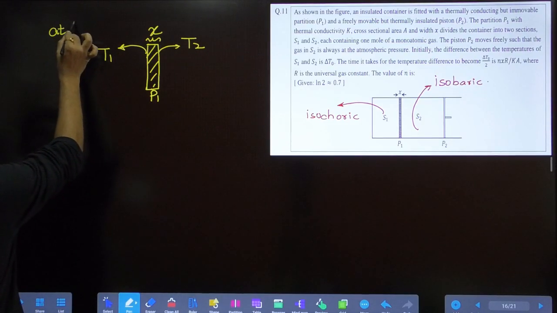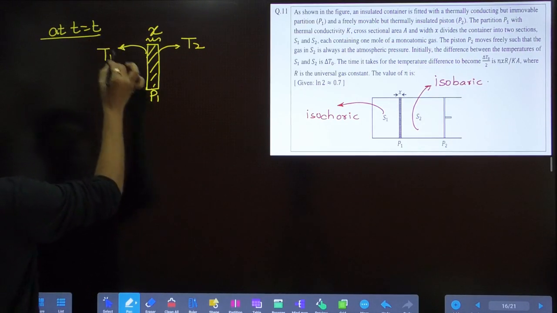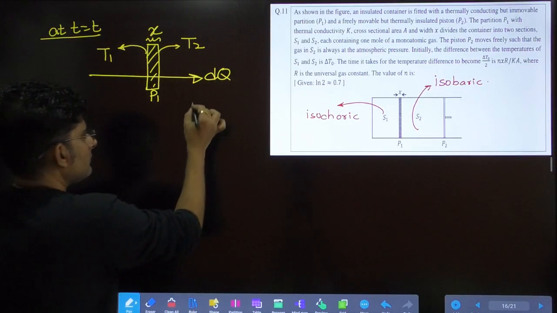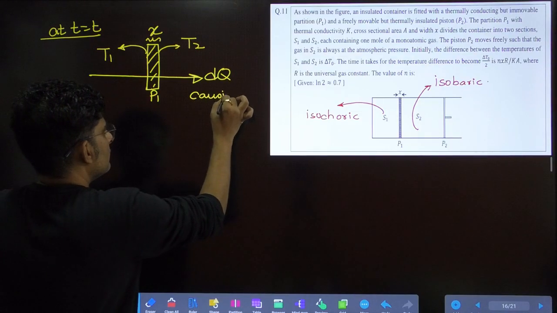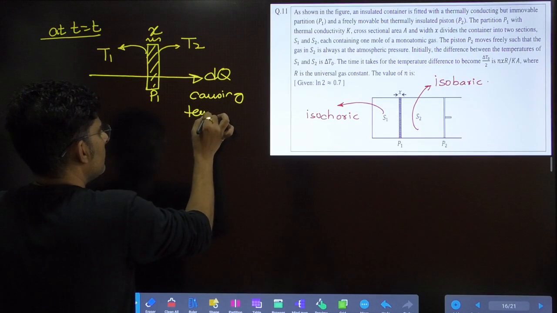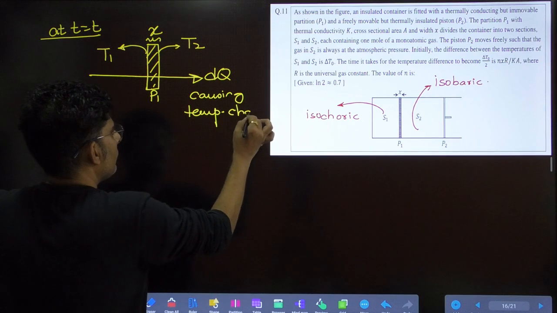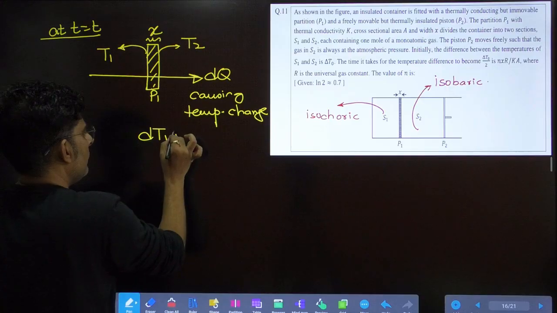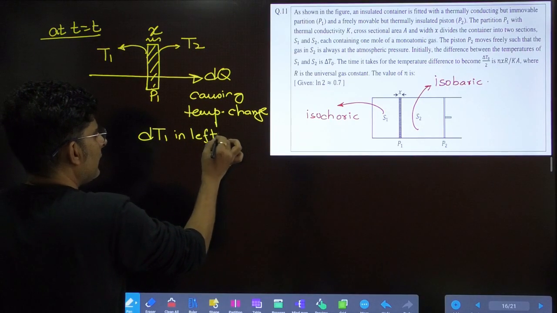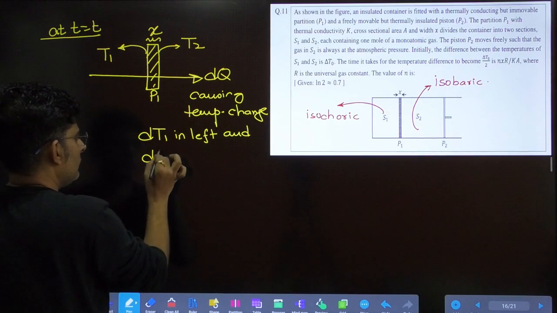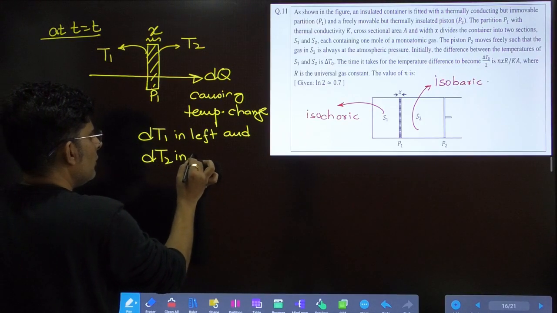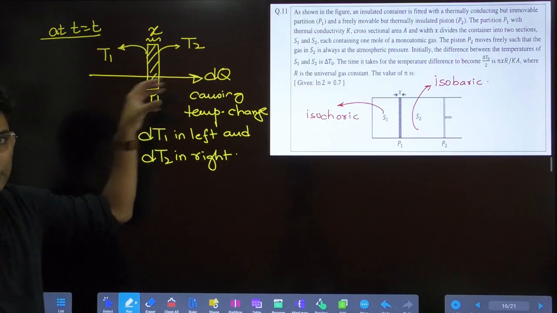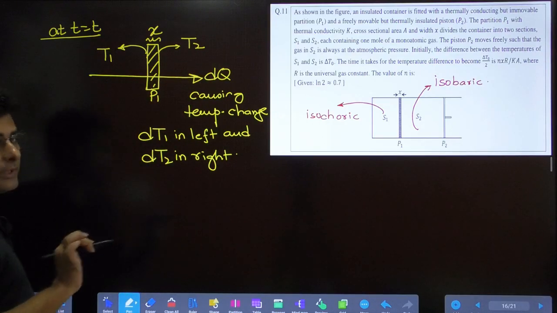I am talking of a general time instant t equals t, and I assume that dq amount of heat flows from this side, causing a small temperature change, dT1 in the left and dT2 in the right side. So this heat flows, right? Now what all things can we say from here?